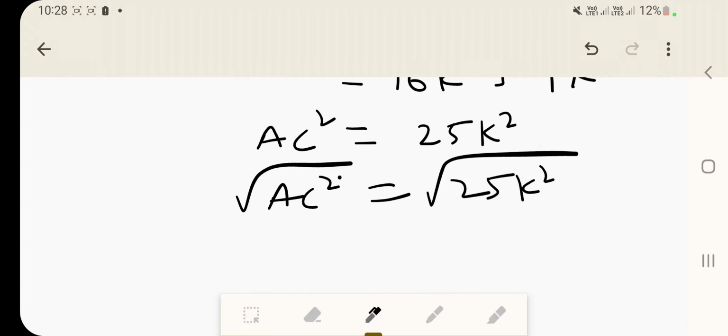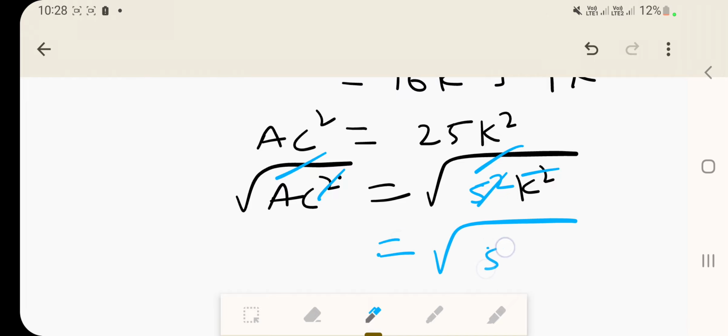The square and the square root get cancelled on the left-hand side. And here, 25 we can write as 5 square, or in another step you can write it like this, 5K whole square. Now this square and square root will get cancelled, and what we get is 5K.